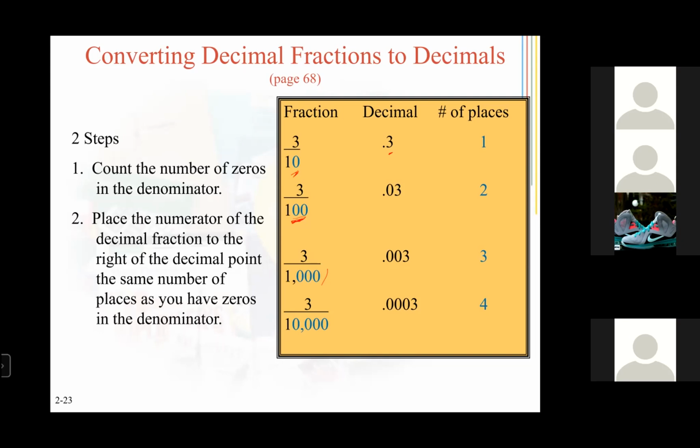Okay, so that's converting decimal fractions into decimals. You could do that by inspection. Of course, you could use your calculator and divide: 3 divided by 10, 3 divided by 100, 3 divided by 1,000, 3 divided by 10,000, and you should get the same thing. But this method is just showing you so you could readily do it. Some things you don't really need a calculator for.